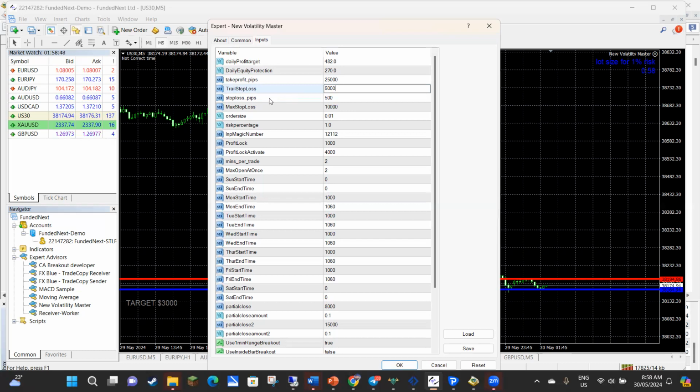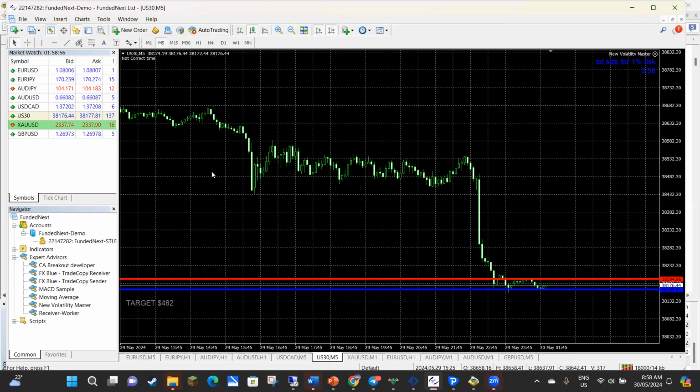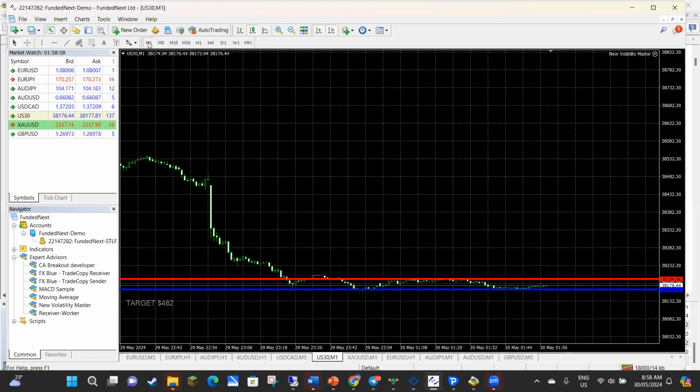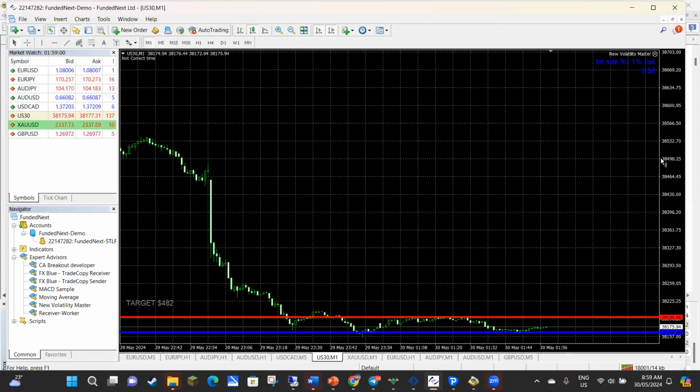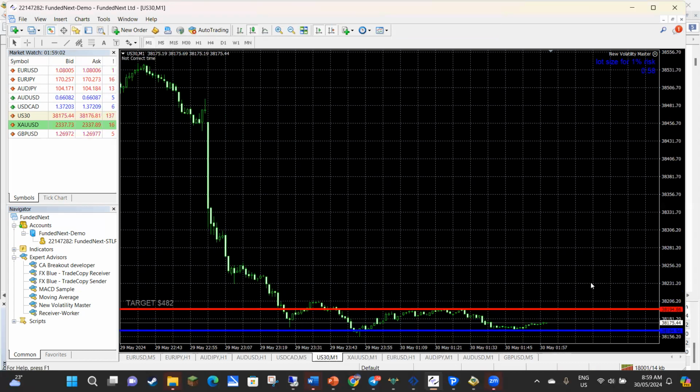Stop loss in pips isn't exactly what it initially sounds like. I'm going to refer to my chart to explain what I mean. Okay, so if I had it set to trade now and it dropped and broke below, so this is calculating the top and bottom of the 1 minute range.